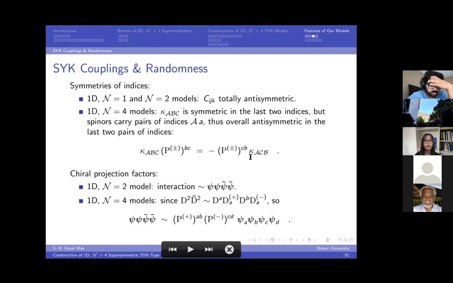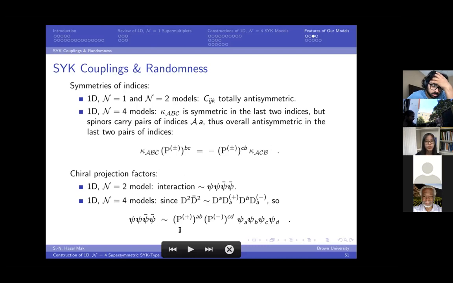So overall, this is anti-symmetric. That's why I mentioned earlier that we treat this as a pair of indexes that is analogous to the number of copy index in literature. And this is the first thing that I want to note.